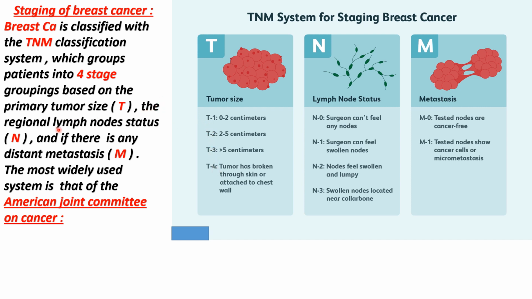The regional lymph nodes status, the letter N, is the first letter of the word node. And if there is any distant metastasis, the letter M is the first letter of the word metastasis. The most widely used system is that of the American Joint Committee on Cancer.